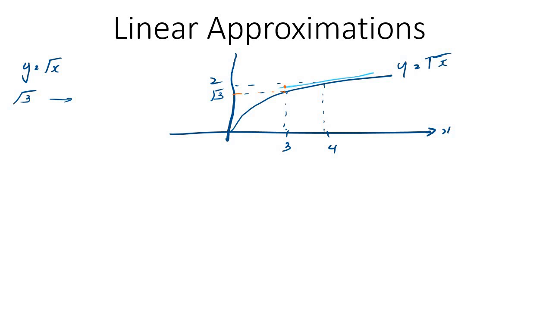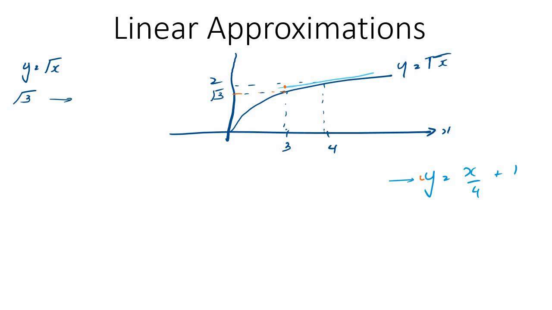So how do we do this? First, let's see how we get the tangential line. We did that. We found that the equation for the tangent was y equals x over 4 plus 1.